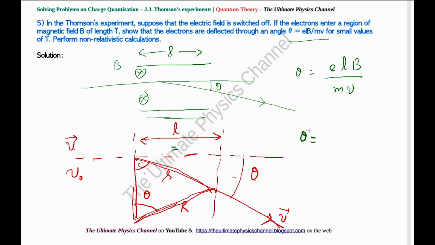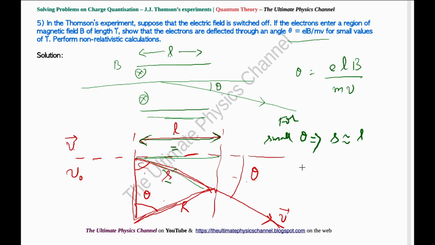So for small theta, this S that we have taken is nearly the same as this L, the length of this region, because this is a straight line and this is mildly curving and theta is small, so we can do this approximation roughly.